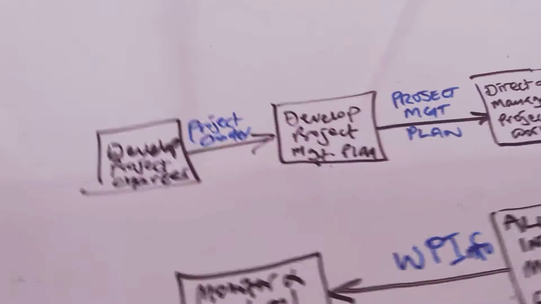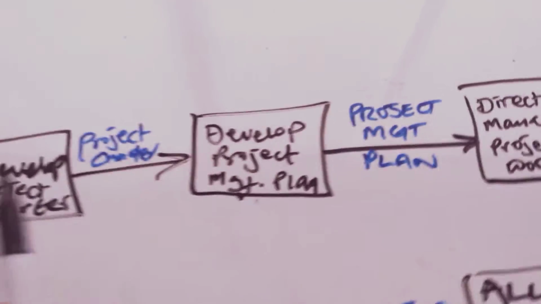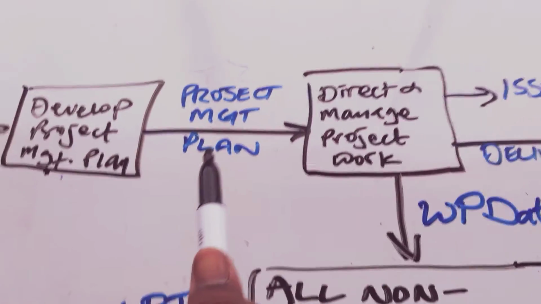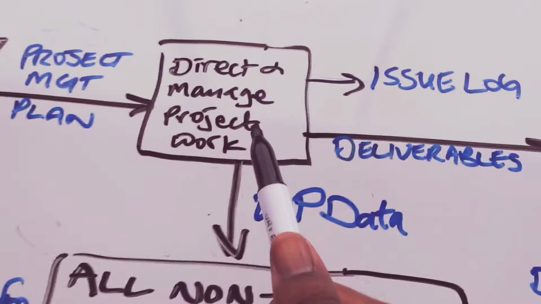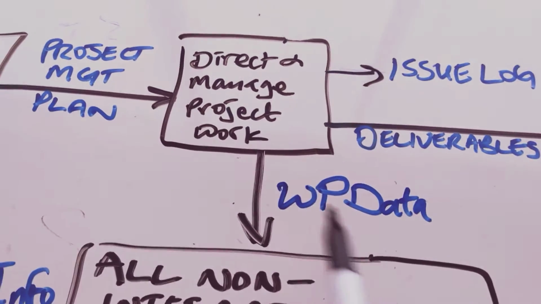Okay? This is simple logic. It's really saying you get a charter, it authorizes a project, you get a plan. When you get to directing and managing the project work, that's going to generate data.